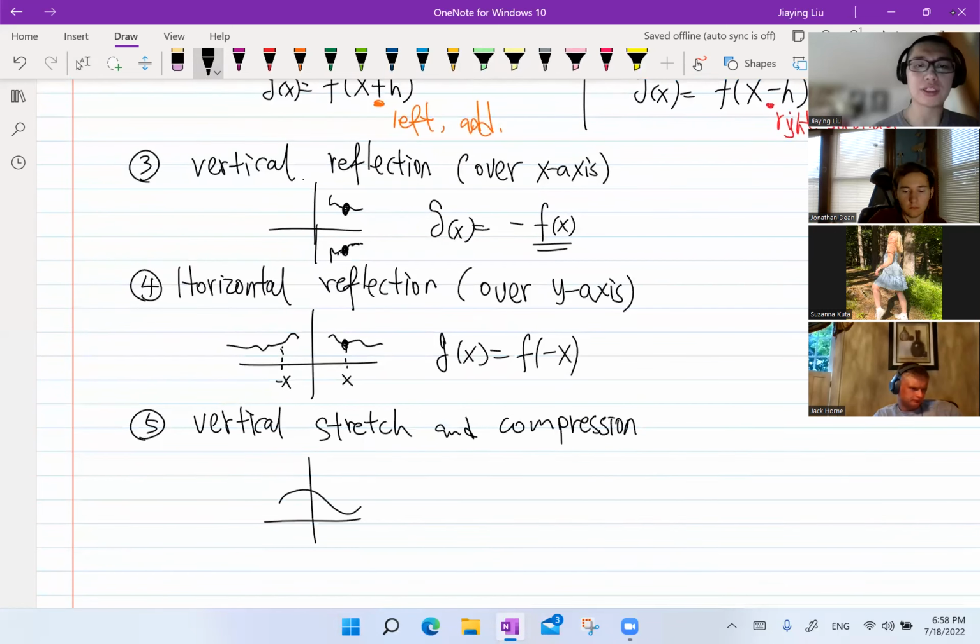Let's just say we have this. What that means is we take every point and stretch the y value of those points. Let's see if we stretch it by a factor of 2. So this y value will be doubled, this y value will be doubled, and this y value will be doubled. So it becomes sort of skinnier.